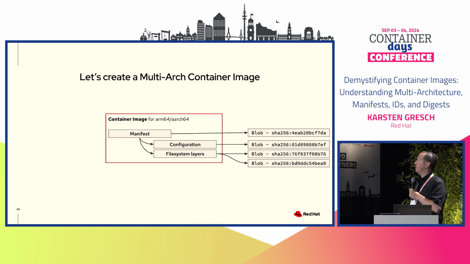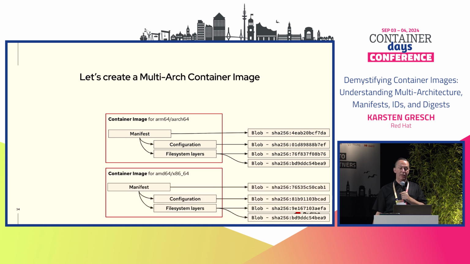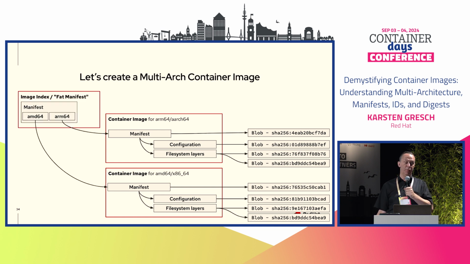The specification behind this is the image index specification. What is done here is that we put together the two manifests of our images for the different architectures, and create a new manifest based on this, linking to these different images.